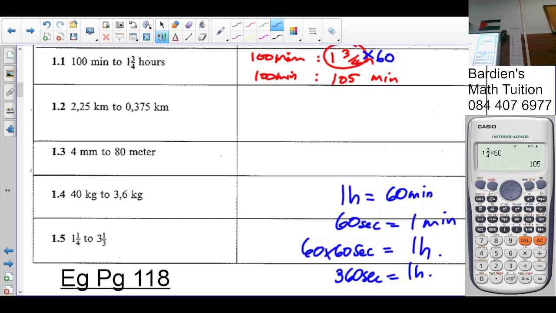Right, divide it by 5. What's 100 divided by 5? 20. What's 105 divided by 5? 21. So 20 is to 21. That's in the simplest form.